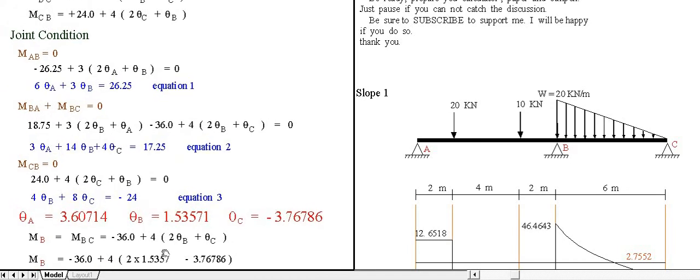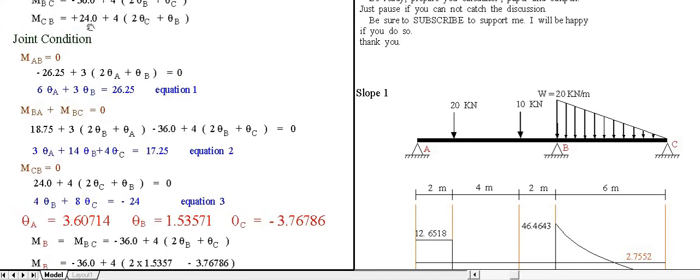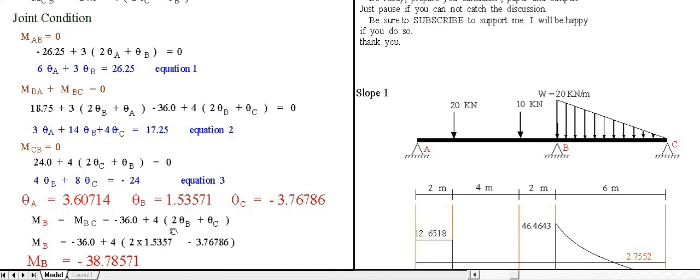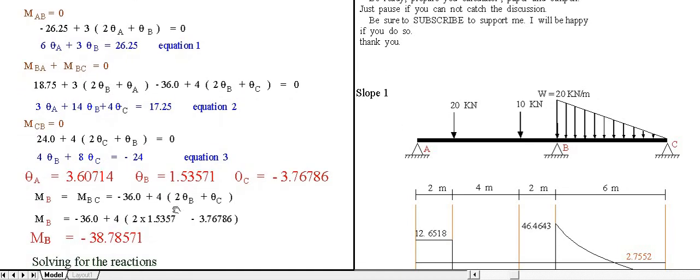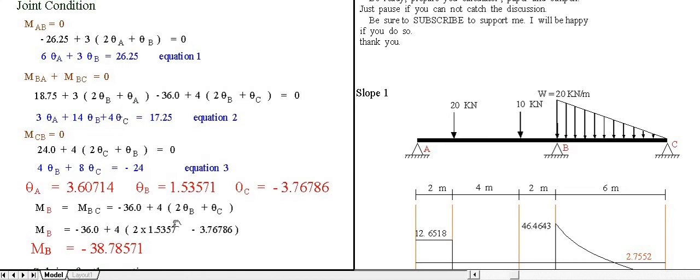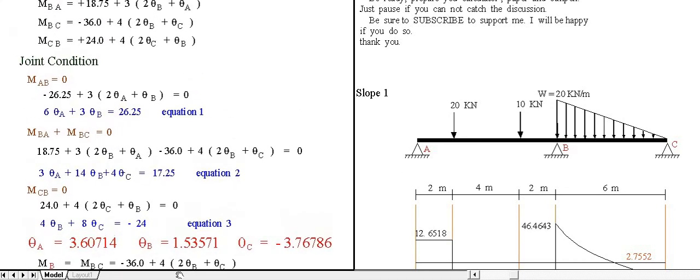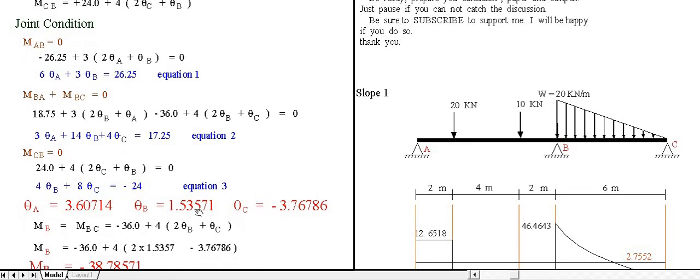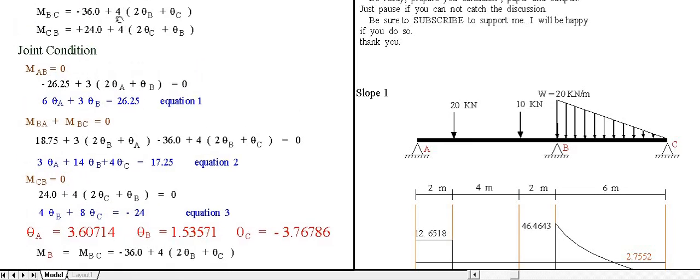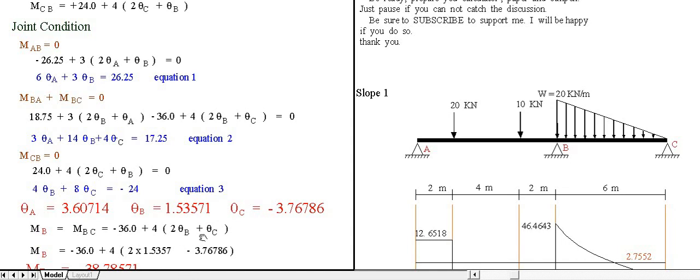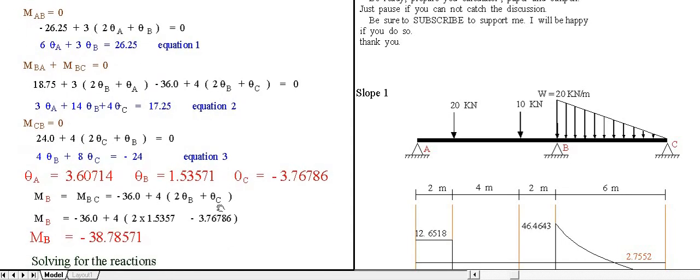So BC, this one, 36 plus 4 theta B plus theta C.